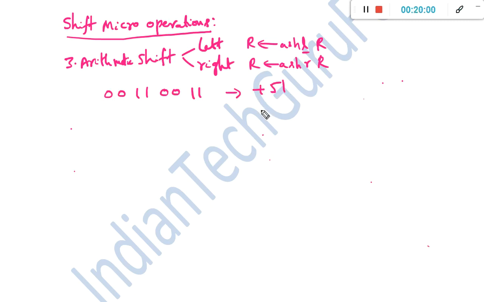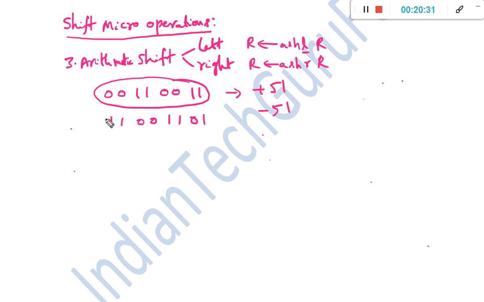Because I want to consider minus 51, I need to convert this number into 2's complement representation. Initially one came, that is why exchange all: 10110011. So this is the 2's complement equivalent of minus 51.